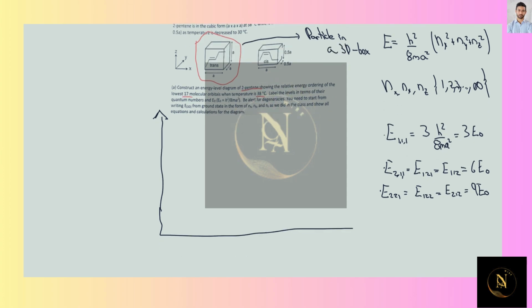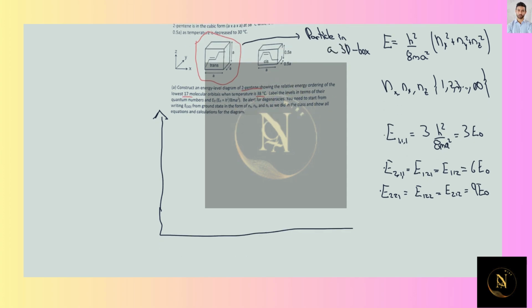Similarly, if we now add the states 221, 122, and 212, we get 9 times the original energy. So far we have 3, 6, 7 orbitals, and we have degeneracies at these points.